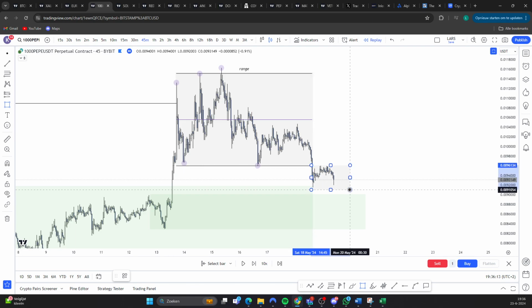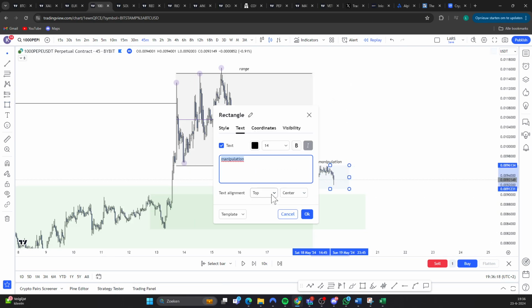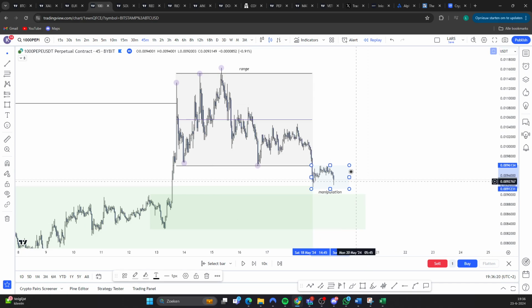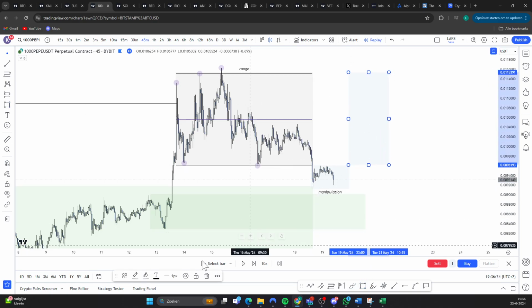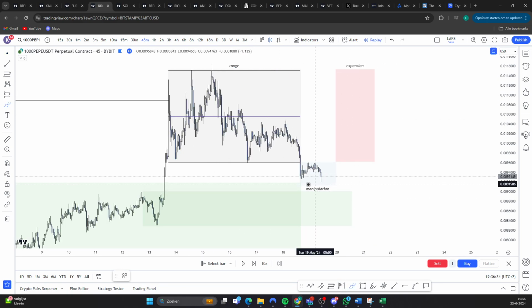And this can be the manipulation of retail positions. And then we have the expansion to follow, right? For this to be the case, I want that initial range low to get taken. So I want this low to get taken.